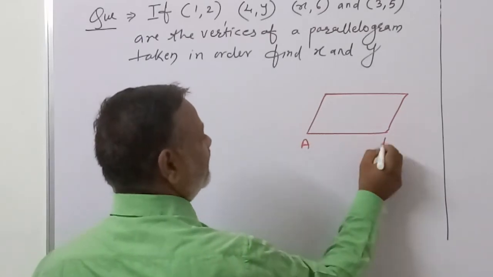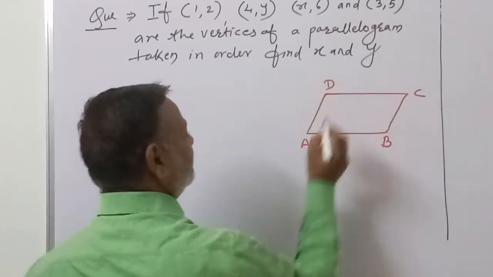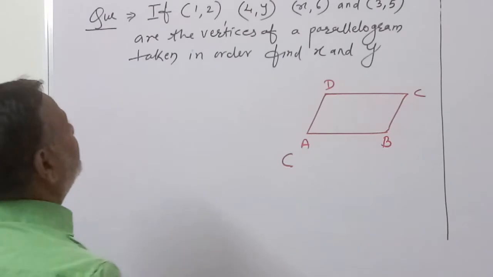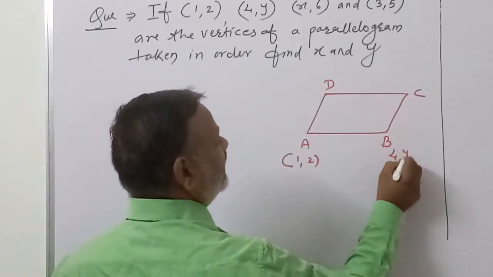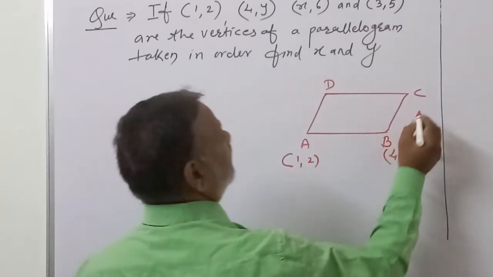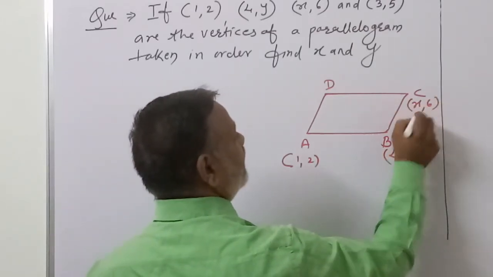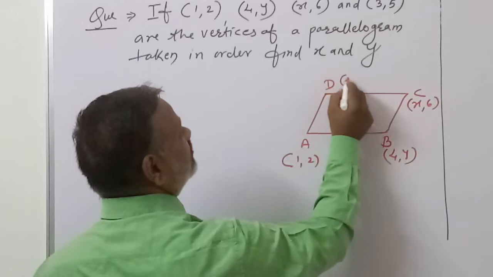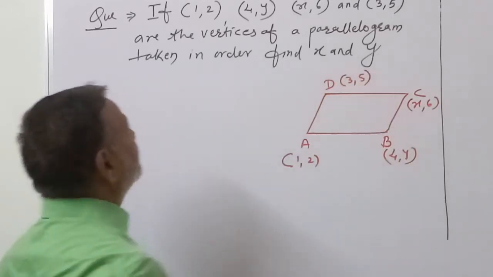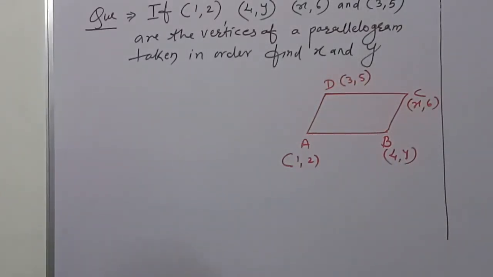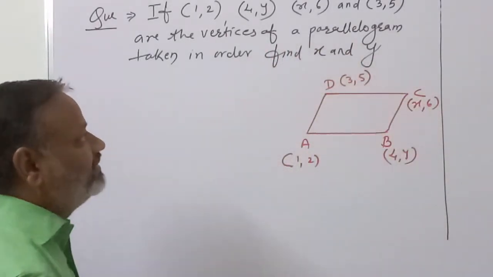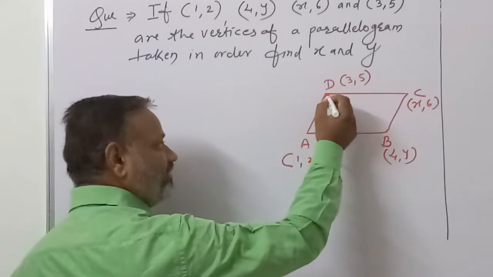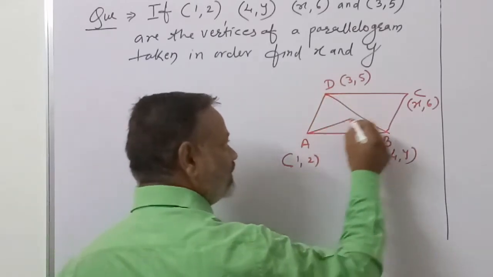Here we consider A, B, C and D. The coordinates of A are (1, 2), B (4, y), C (x, 6) and D (3, 5), which are the vertices of a parallelogram taken in order. Order means A, B, C, D like this. Find x and y.